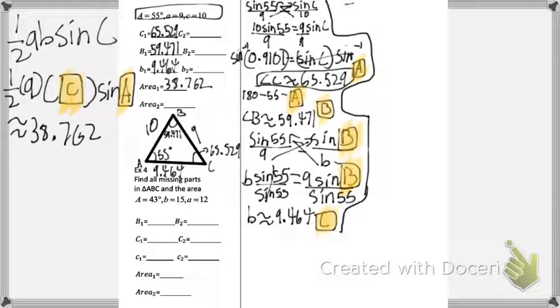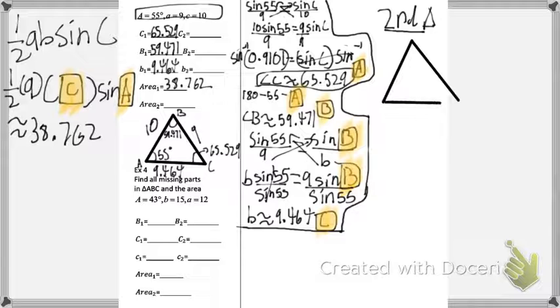Oops, I wasn't supposed to do that. So for the second triangle, let's make another triangle to make it easier.